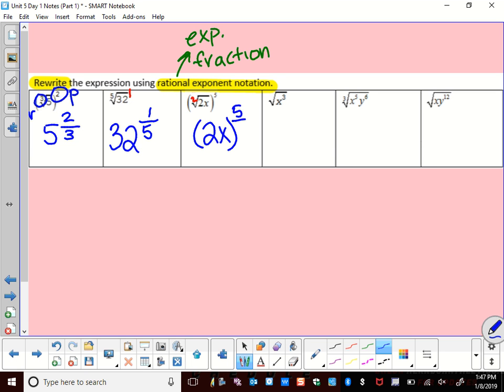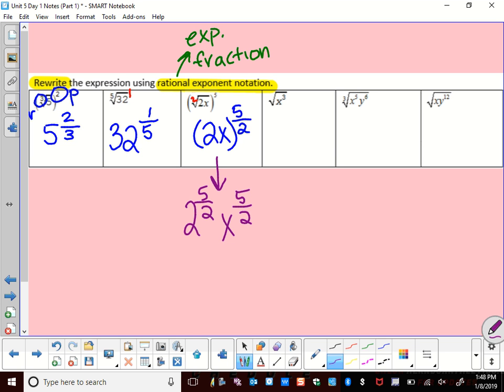And what is my root? 2. The reason I want you to leave it like that is your official answer would be 2 to the power of 5 over 2, and then x to the power of 5 over 2, because that 5 distributes to everything. It's just easier to leave it as your 1 in parentheses. You don't have to do it like this purple one.